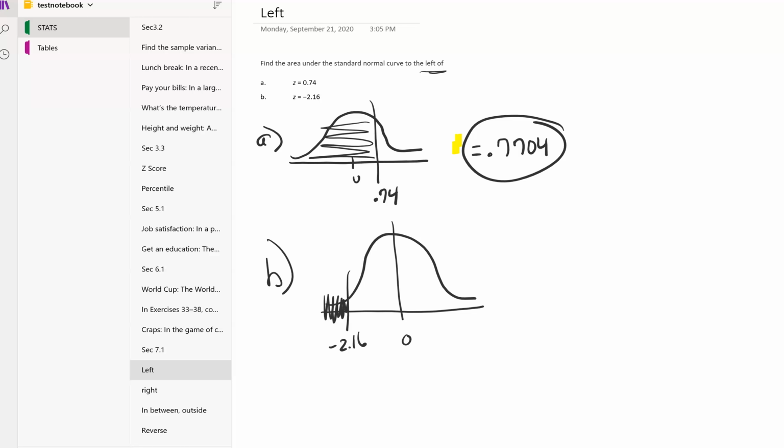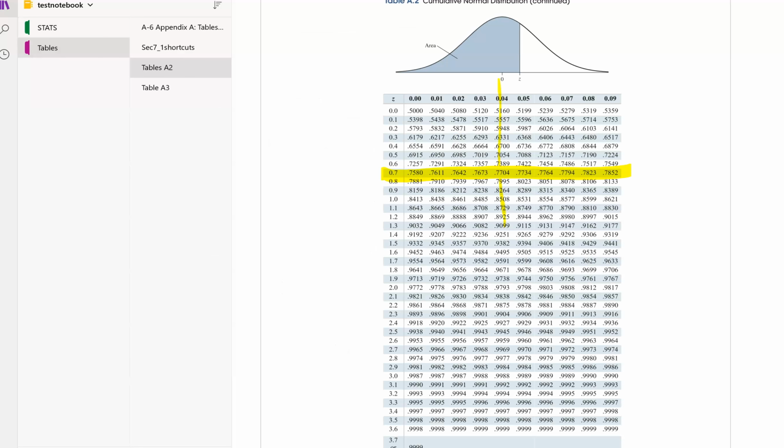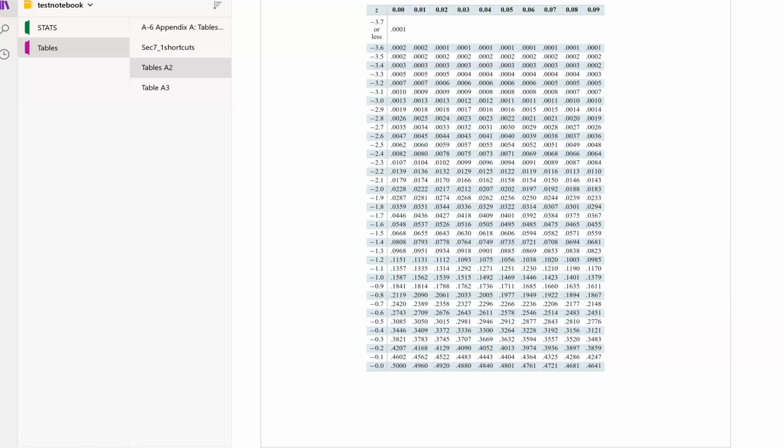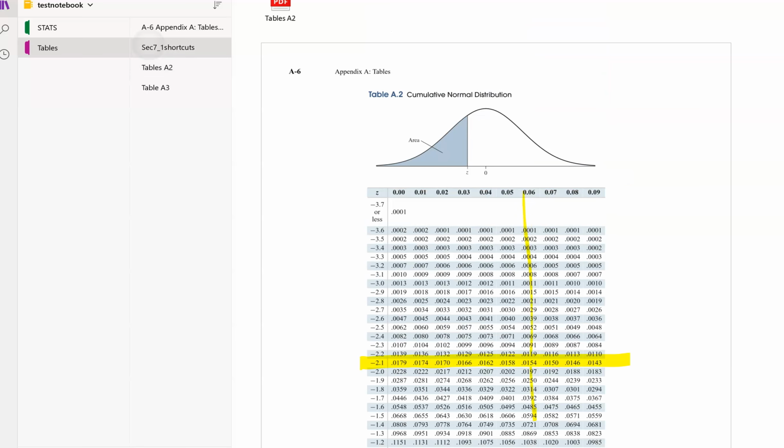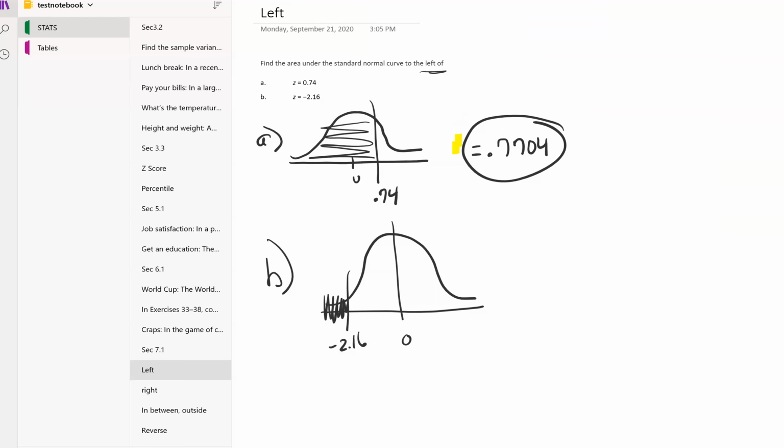So negative 2.16. Negative 2.1 is here. The 6 is here. So it's 0.0154. So that's my answer, 0.0154.